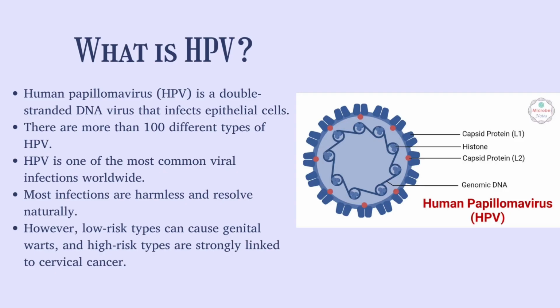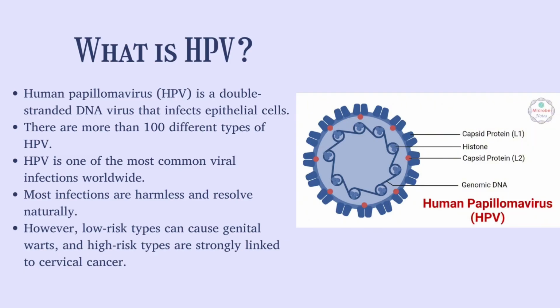There is also a minor capsid protein called L2, which plays a role in viral entry and genome packaging. Inside the capsid is the viral genomic DNA. The viral DNA is associated with histone proteins. Histones are normally host cell proteins that package DNA into chromatin. HPV uses host histones to organize its own genome inside the viral particle.